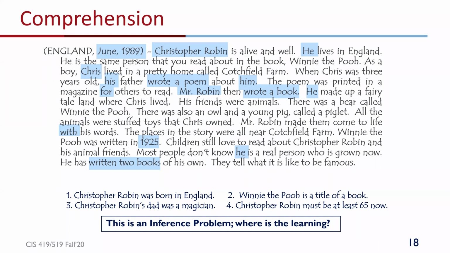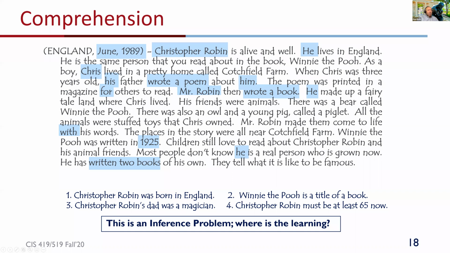And so in some parts I can definitely see where he could be the same person, but in some parts, like up there, it should be like he made a fairy tale land where he himself lived or something like that. So I think the ambiguous language contributes to maybe the confusion.